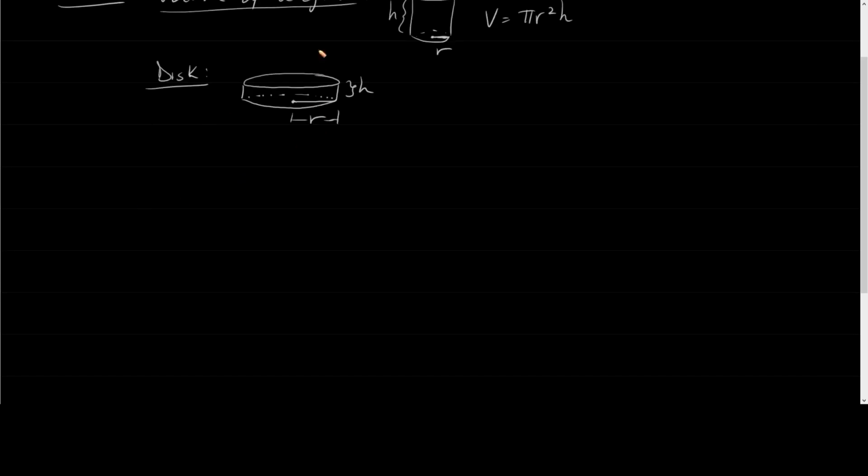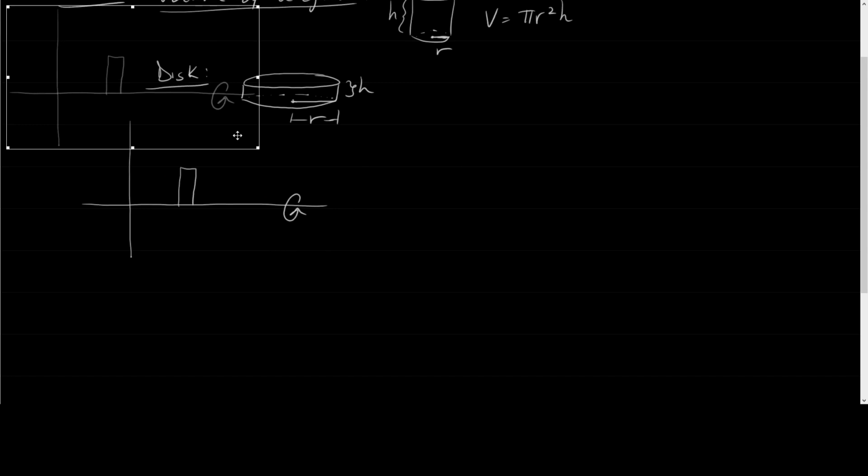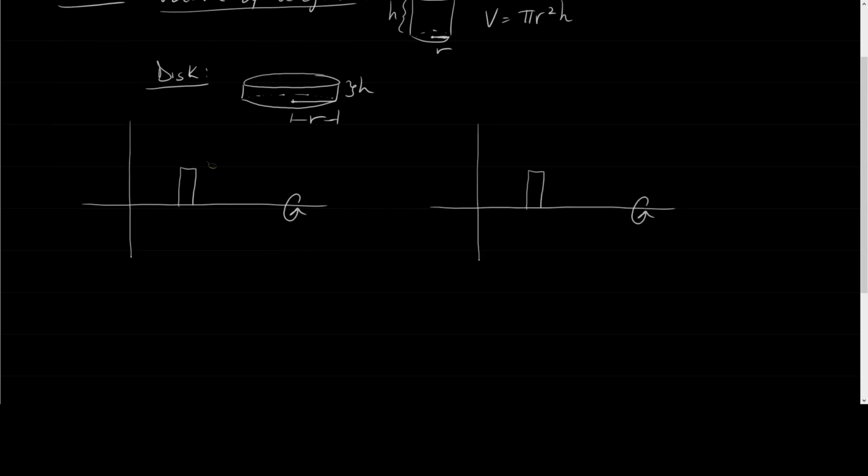Now let's think about how to get something like that out of a graph. So first, let's think about this. If I had this little rectangle here, and I rotate it this way around the x-axis infinitely many times, what do I really get? Well, let's do this. I end up with the following.